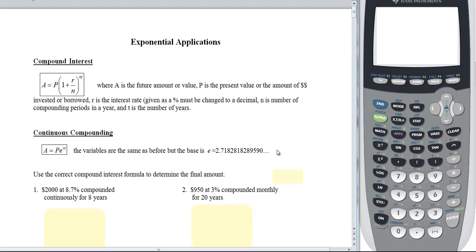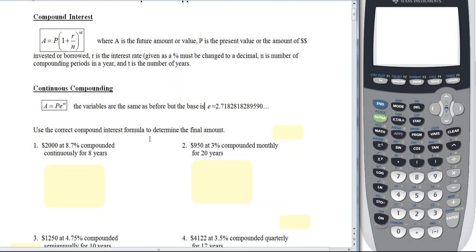But all E is, it represents the idea that all continually growing systems are scaled versions of a common rate. But the only time I can use this is if I see the word continuous. That's the only time. So in these problems, we've got to use the correct compound interest formula to determine the final amount.